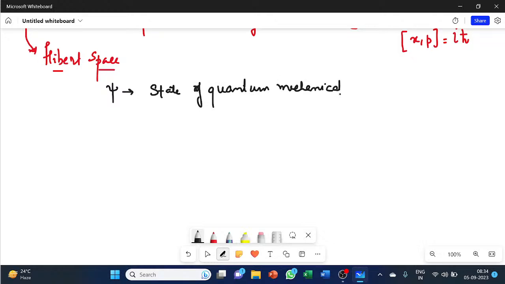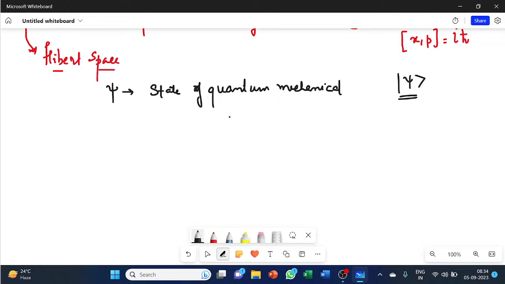When we see all these things in matrix mechanics, we are going to write them in bra-ket notation. Right now, as I'm doing wave mechanics, I'm going to use this only. This represents the state of the quantum mechanical system.